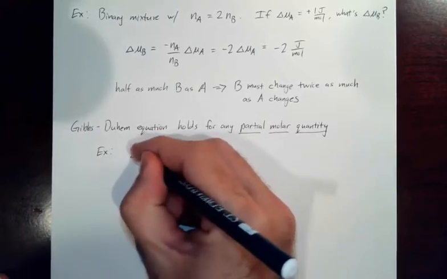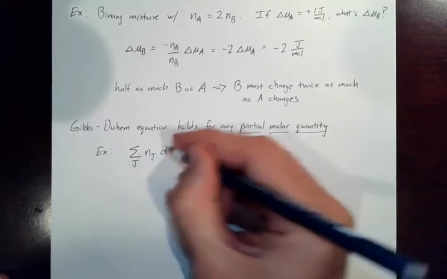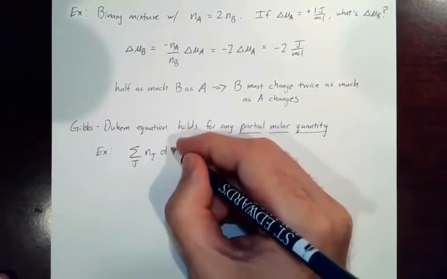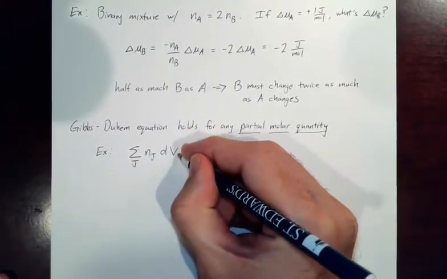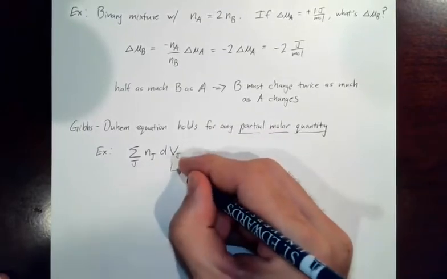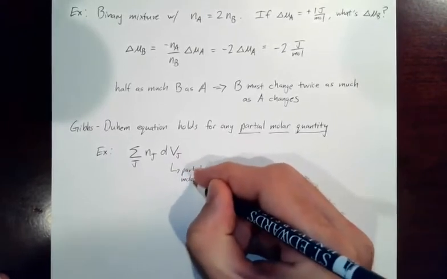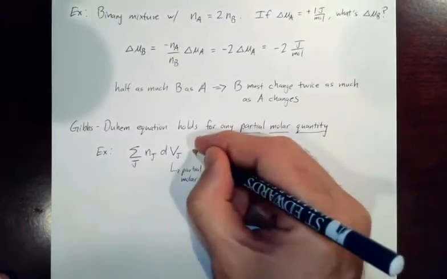So the sum of Nj times, now instead of d mu, I'm going to do dVj, where this is the partial molar volume. And that must equal 0.